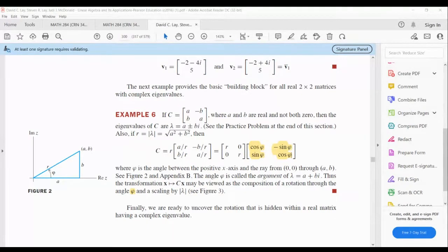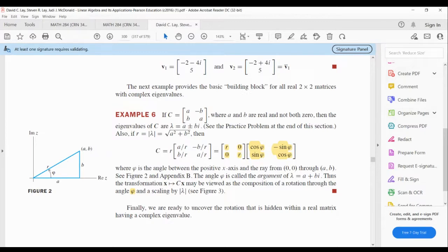And then what you're doing is you take the coordinate and rotate it a certain angle counterclockwise, then you scale the coordinate by r.